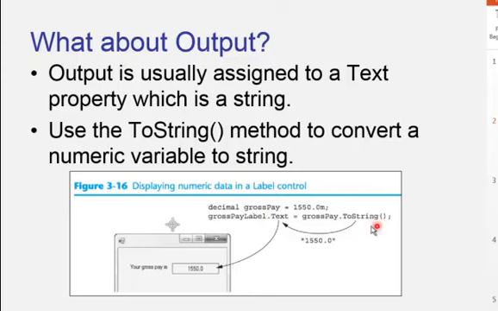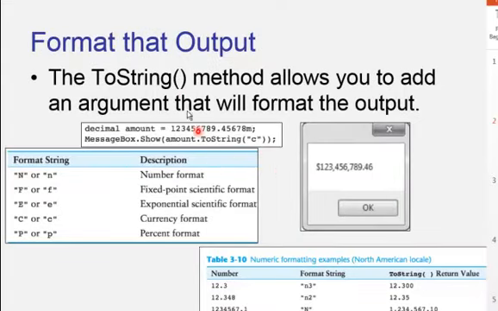So grossPay.ToString will convert the decimal to a string and allow me to store that value in the text box. You can, if you'd like, put an argument in here, and that argument will allow you to format your output. In this example, we have a decimal amount, and it looks like it's got 5 decimal places.